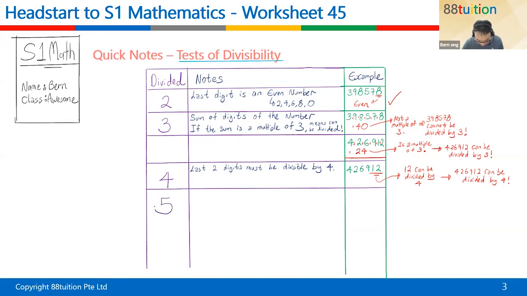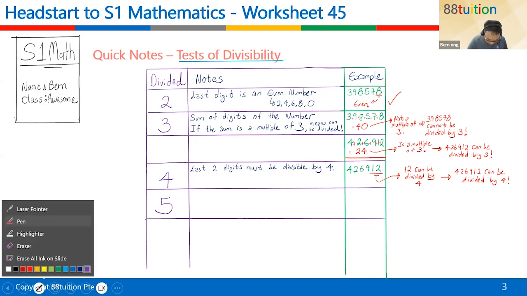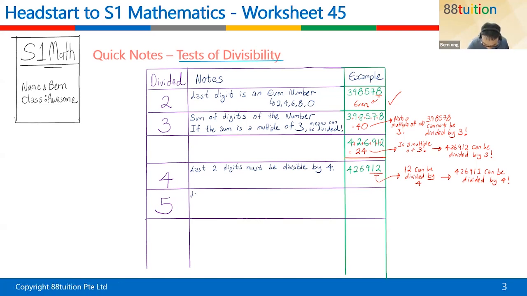How do you determine if a number can be divided by 5? This one you know. If a number can be divided by 5, it means that the last digit must either be a 0 or a 5.